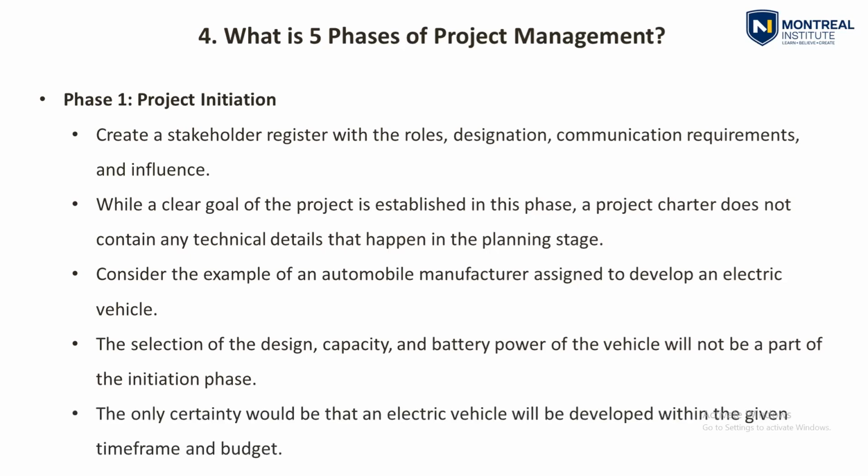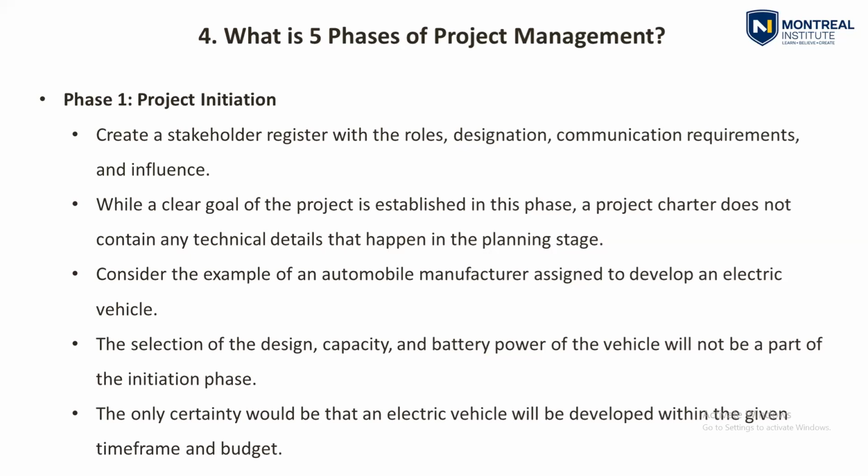The only certainty would be that an electric vehicle will be developed within the given time frame and budget. For example, Elon Musk is giving instruction to the Tesla team that he has a $1 billion budget, and within this $1 billion, he needs an electric vehicle within 1 year.